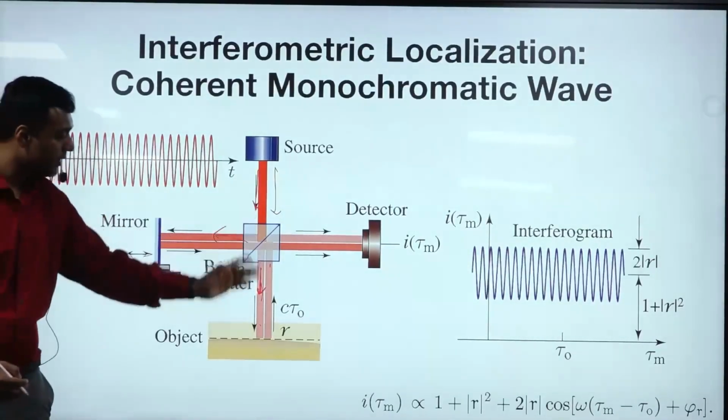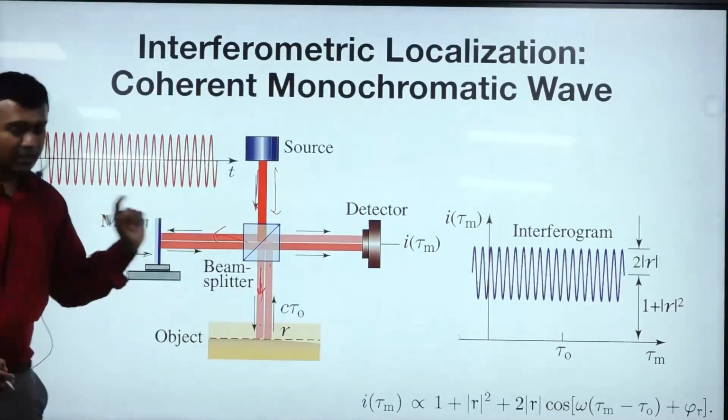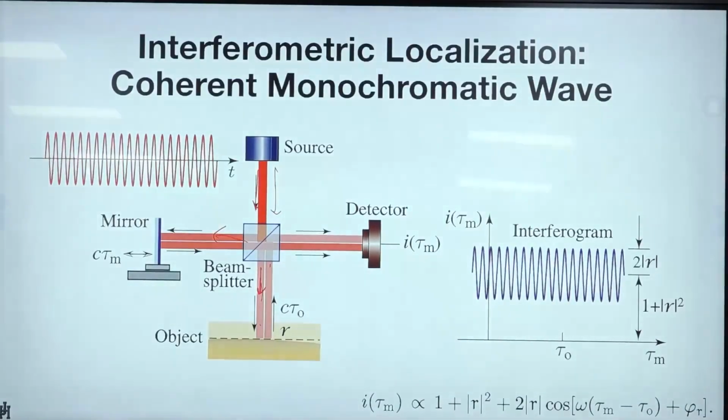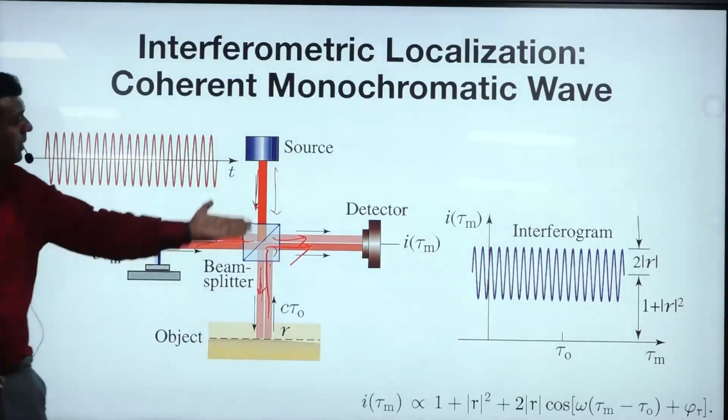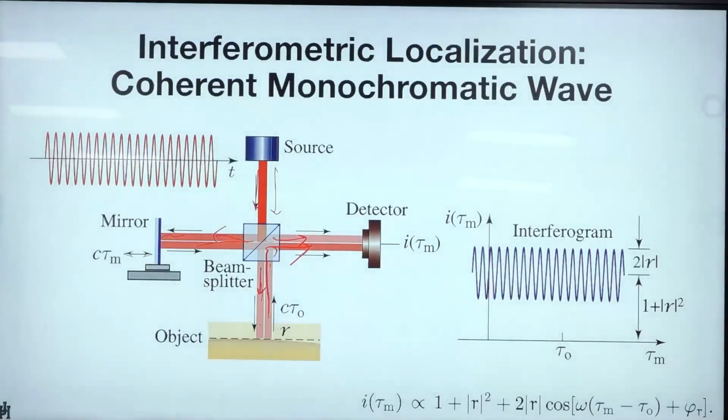Light comes back from here, light comes back from here, and at the beam splitter again, half of the light coming back from the sample gets reflected this way, and half of the light coming from the mirror gets transmitted this way. Some of the light will go back towards the source; we ignore that.